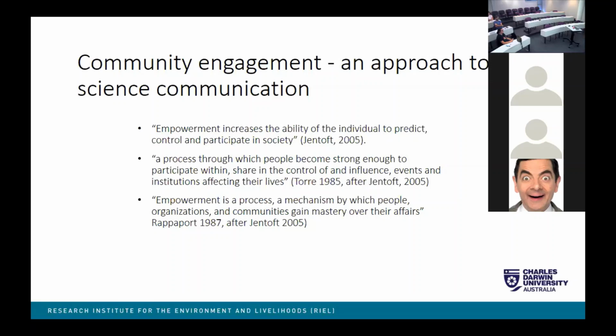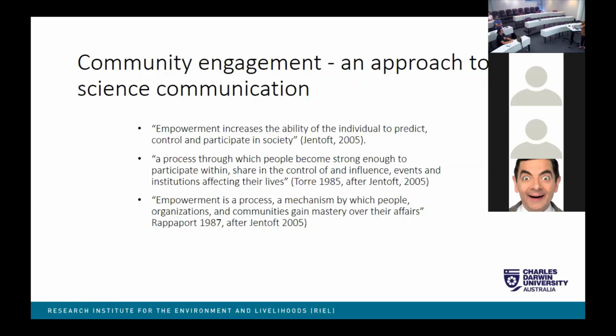so participate in society. Another definition, I got all of these from Jen Toff. If you're interested in this type of topic, you might want to read that. A process through which people become strong enough to participate within, share in the control of, and influence events and institutions affecting their lives.